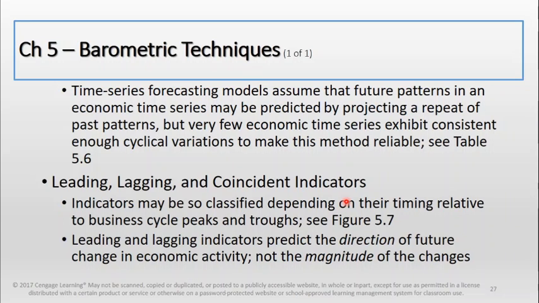These economic indicators may be classified as leading, coincident, or lagging, depending on their timing relative to a business cycle's peaks and troughs. Leading and lagging indicators predict the direction of future change in economic activity, not the magnitude of changes.